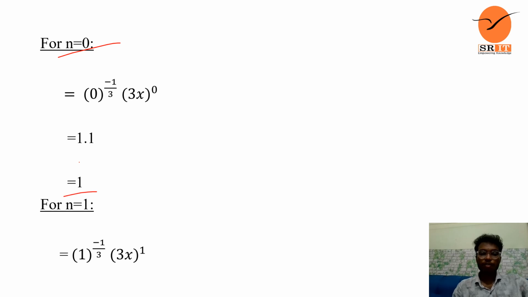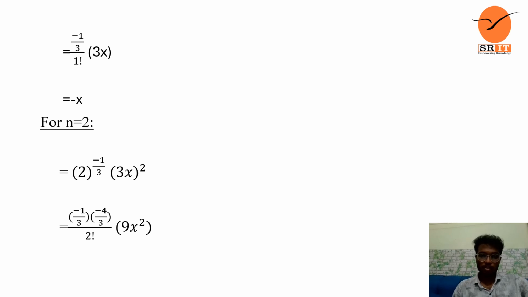And here for n = 1: C(-1/3, 1) into (3x)^1, that is (-1/3)/1 factorial into 3x, and ultimately the 3 and 3 get cancelled, and -1 into x is -x. This is the value for n = 1.